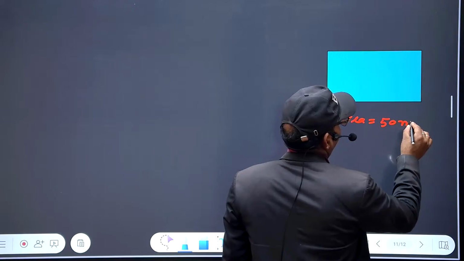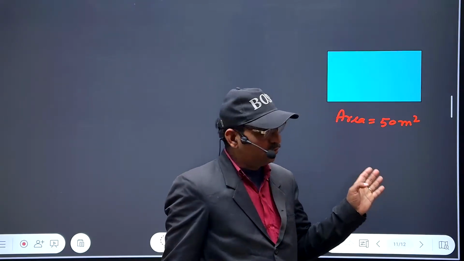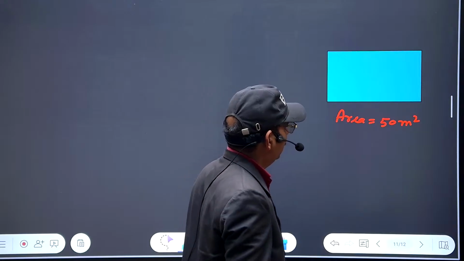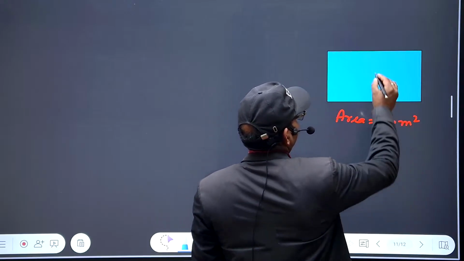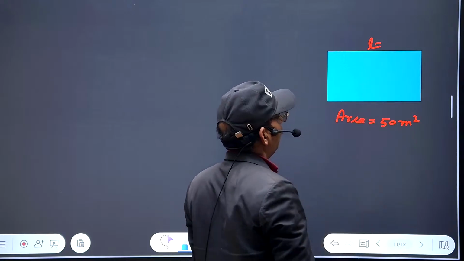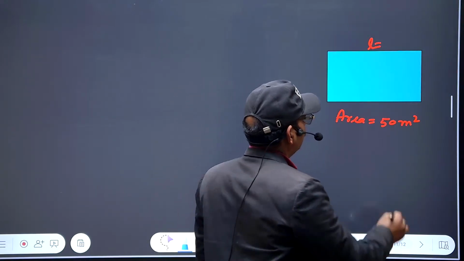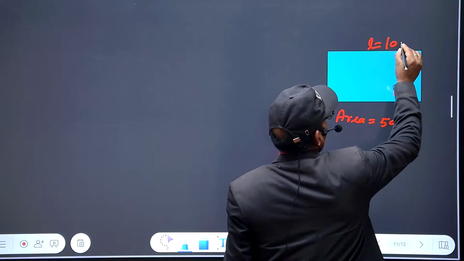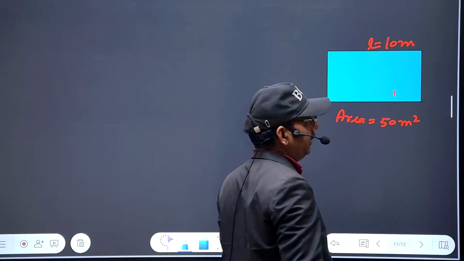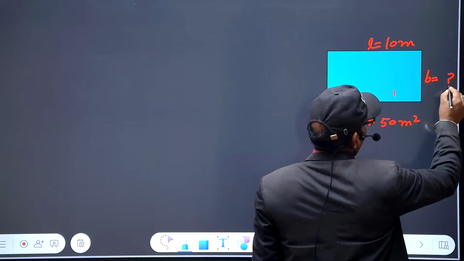Area is given 50 meter square and length is given 10 meter. So what will the width be?